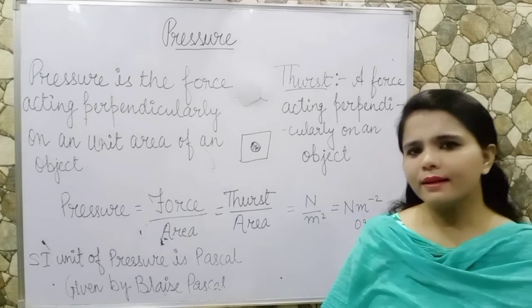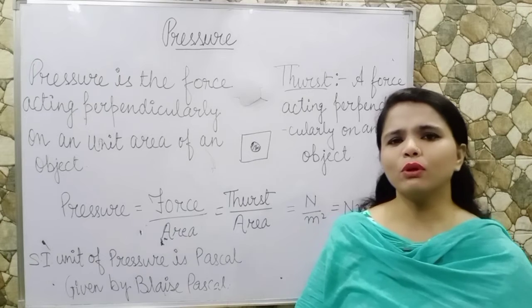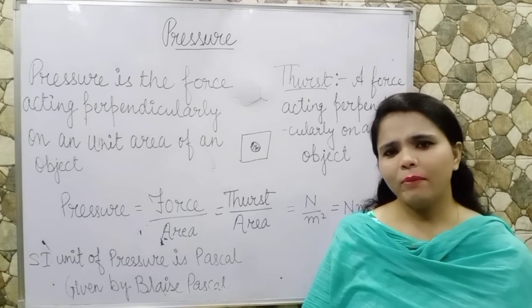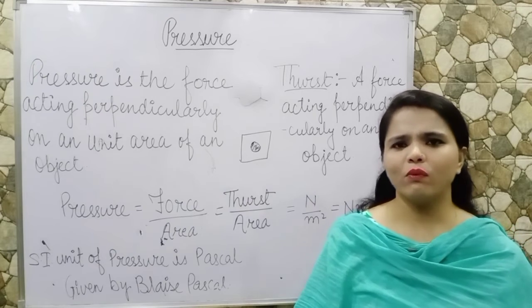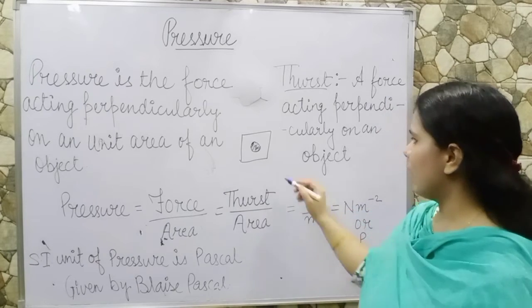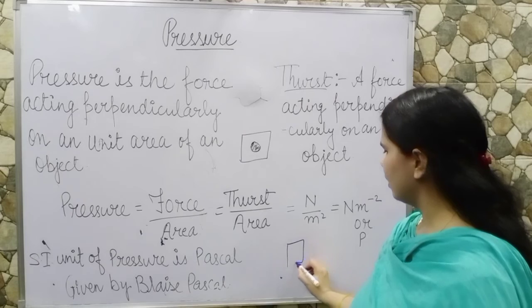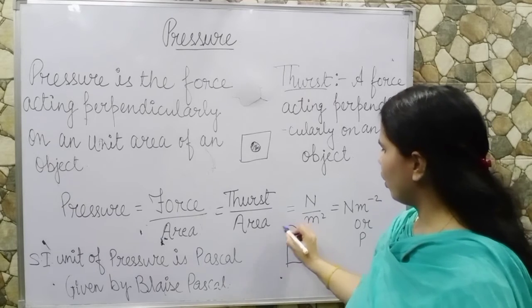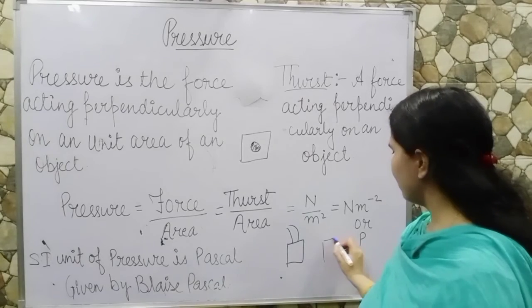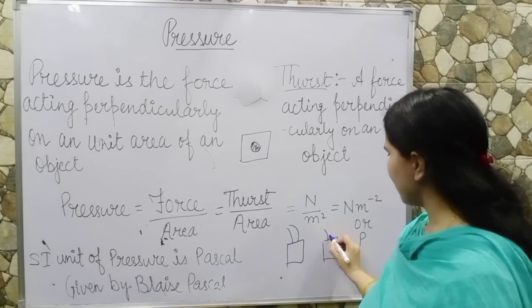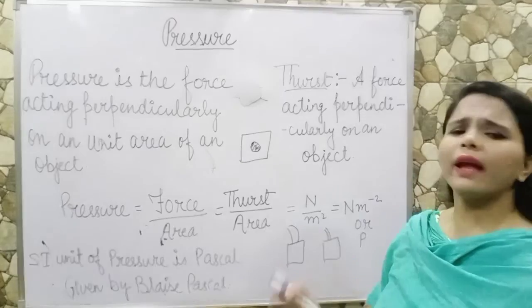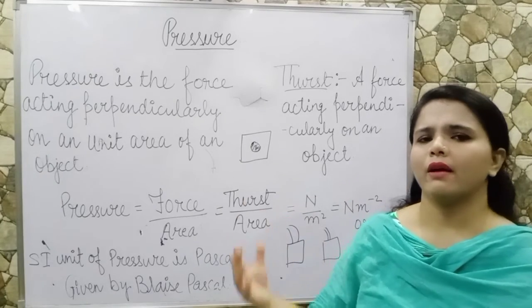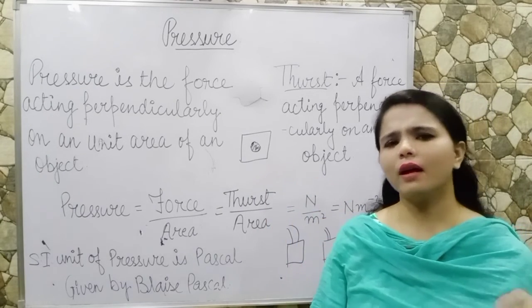Let us understand by an example. Suppose you have two bags. One bag has a broad strap and another bag has a thin strap. Now you are carrying both on your shoulders, one on the right shoulder and another on the left shoulder.